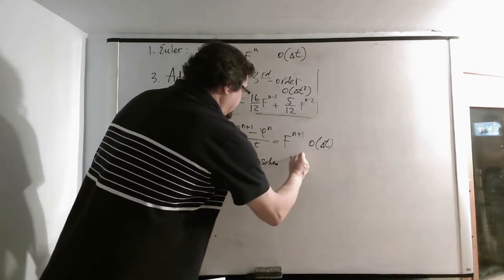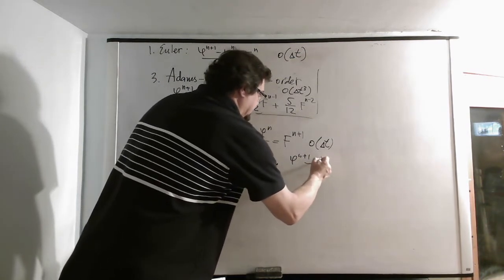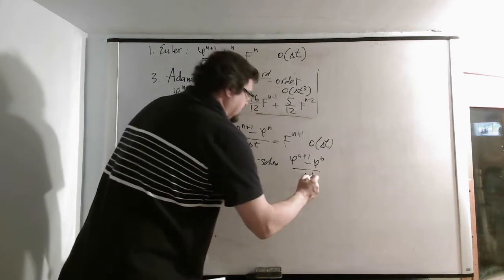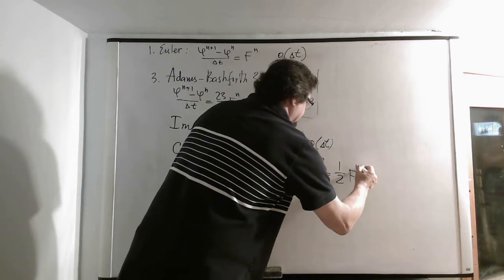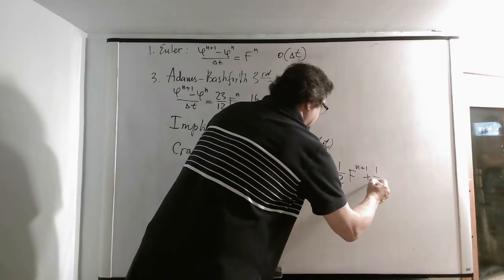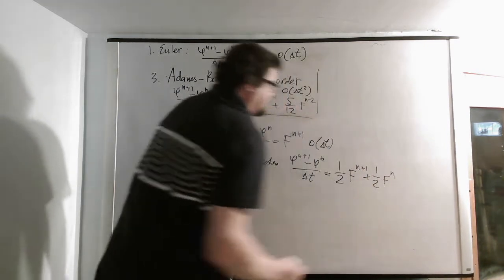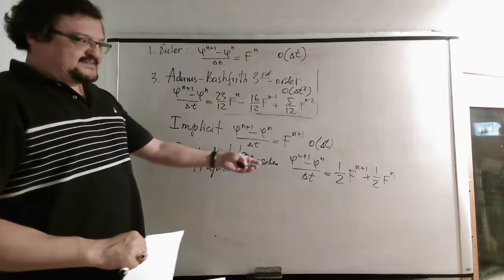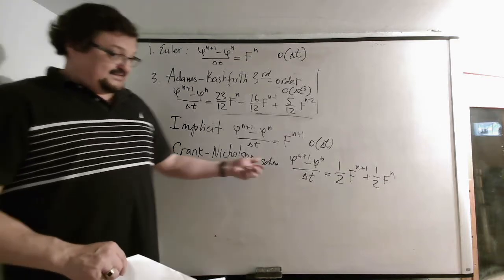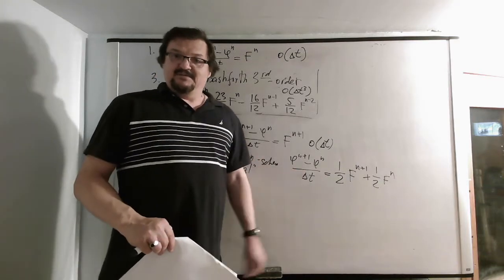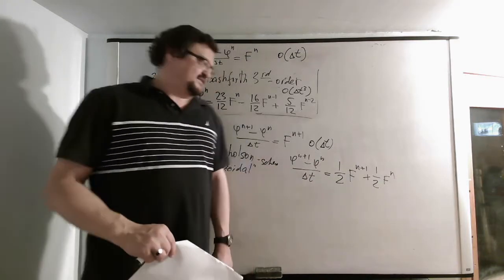It's phi n plus 1 minus phi n divided by delta t equals the average, in this case, of the right hand side at n plus 1 plus 1/2 f n. So it's still implicit because you still have n plus 1, but it's still unconditionally stable with most right-hand side operators.